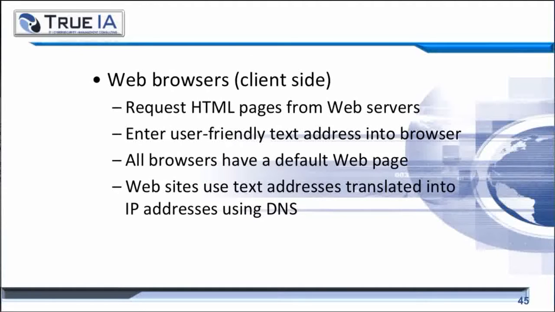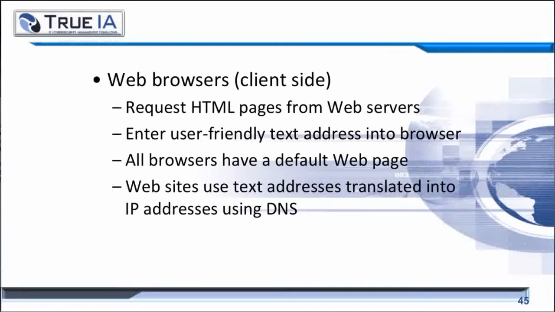So the way the web works is the client side requests an HTML page from the web server. You'll do this by using a text-friendly address in your browser. DNS will take over from there, but we'll talk more about that later.